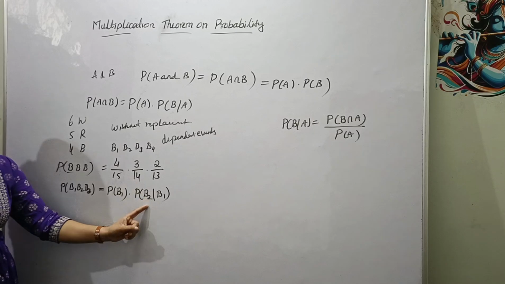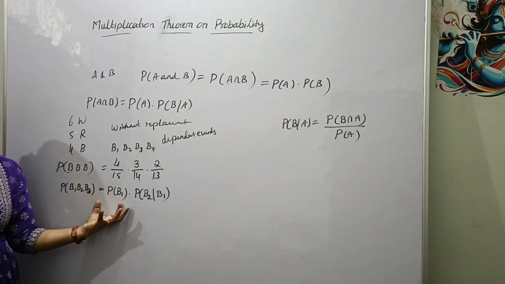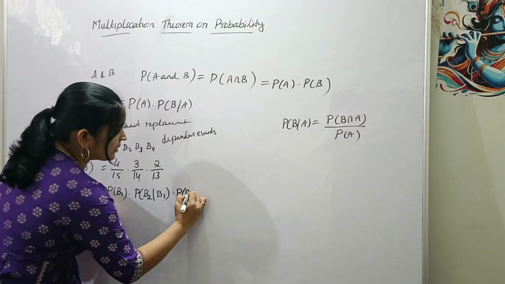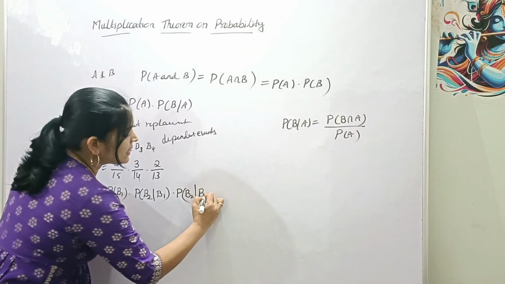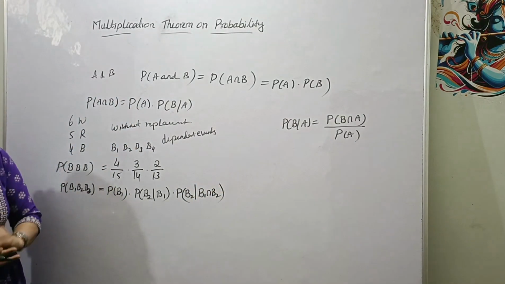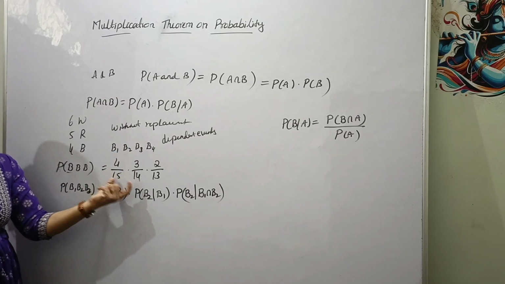Probability of B2 given that B1, because here B1 has already occurred. Next, probability of B3 given B1 and B2, that can be written as B1 intersection B2, because this third event depends on these two previous events.